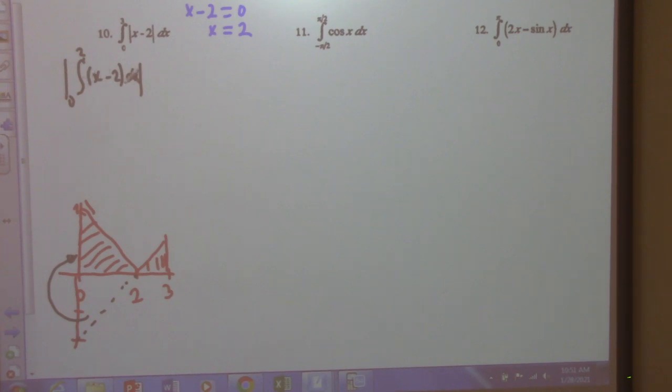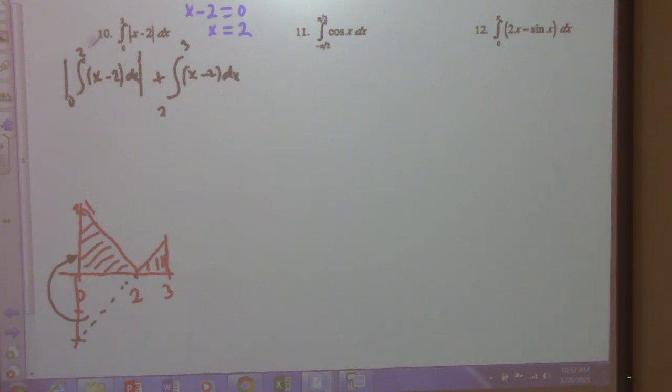So whatever this portion is here, you got to make it positive, right? And then plus, now this thing here, we don't have to positivize this because that's just going to be the integral from 2 to 3 of x minus 2 dx. And so that's a strategy you can take on this type of problem.